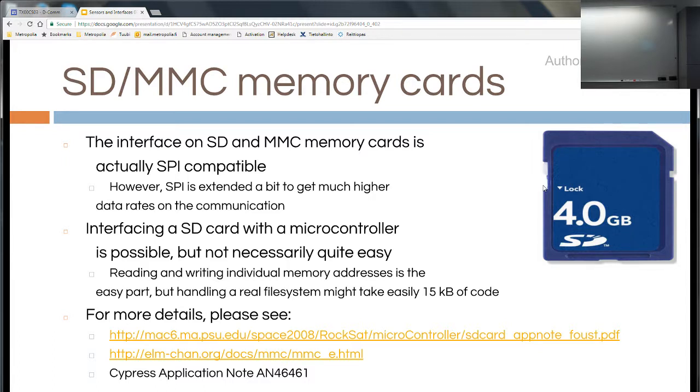I think you can read and write those standard file system cards, but you cannot do the formatting of those cards on PSOC, if I remember it correctly. But anyways, usually you don't need that. But if you need to save a lot of data on PSOC, you can actually do it.